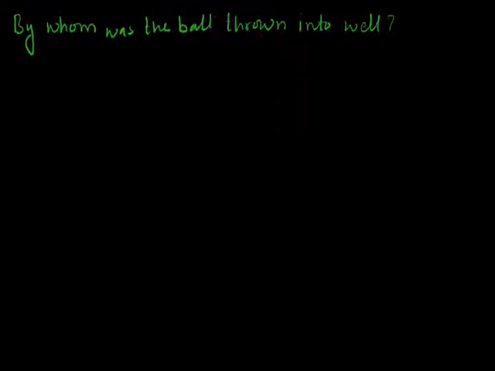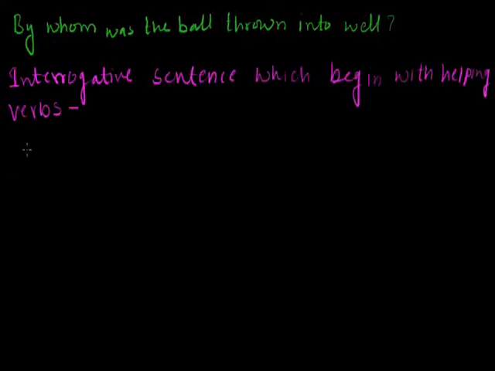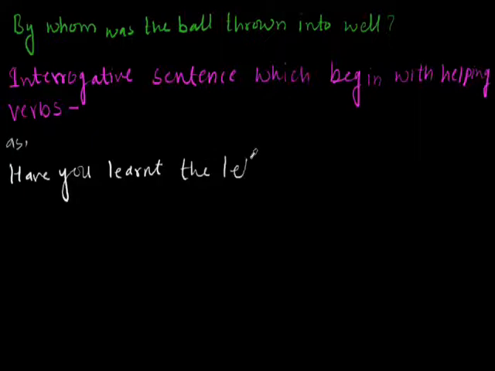Okay, now let us come to the sentences which begin with the helping verb. Okay, so the interrogative sentences which begin with the helping verb. For example, have you learned the lesson? In this sentence, the sentence begins with the helping verb have. Okay, and it's a kind of question.